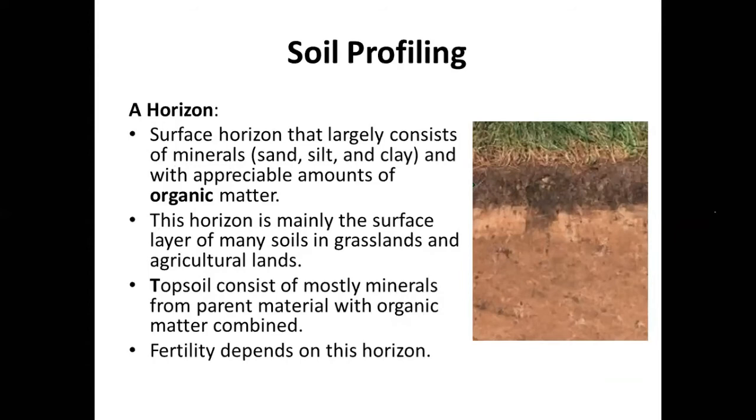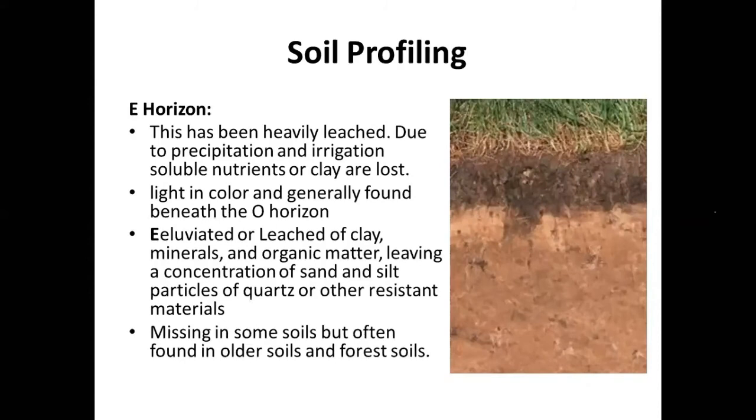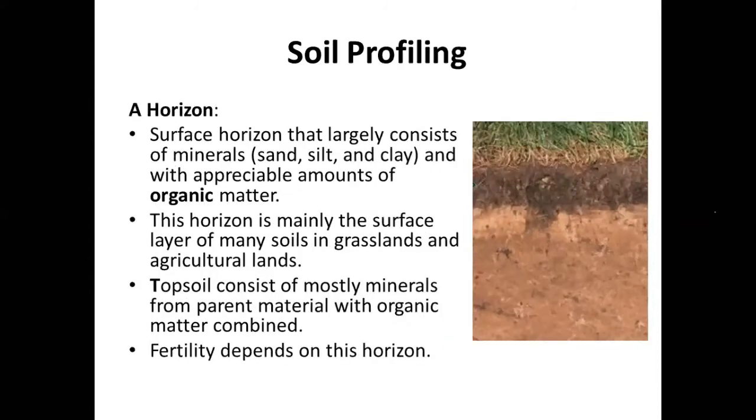So now we talk about organic matter. Up to E horizon, we did not mention the organic matter, but when we come to the A horizon, we are mentioning organic matter with appreciable amount, that means a huge amount of organic matter.